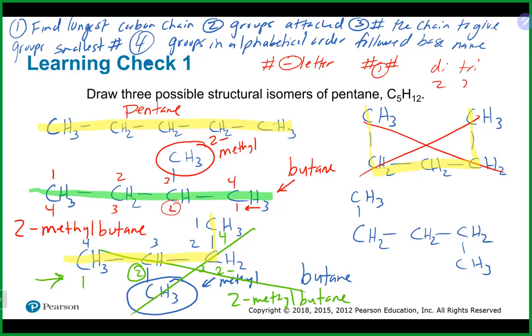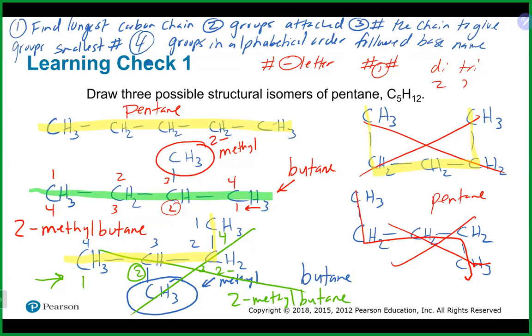Longest carbon chain is 1, 2, 3, 4, and 5, which means the name of that guy is pentane as well. Is that another isomer? It is not. So I successfully drew 3 pentanes without trying. All look different, right? You might have thought they were isomers, but they're not. They're all just the same guy, just drawn differently. And I drew 2 of 2-methyl butane, which I didn't really intend to do, but I did actually.